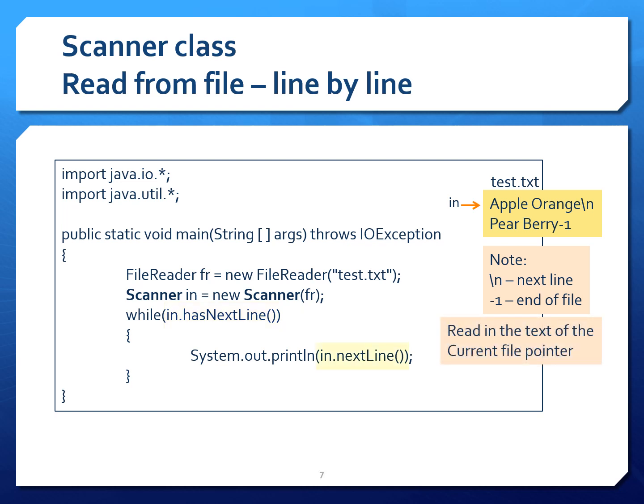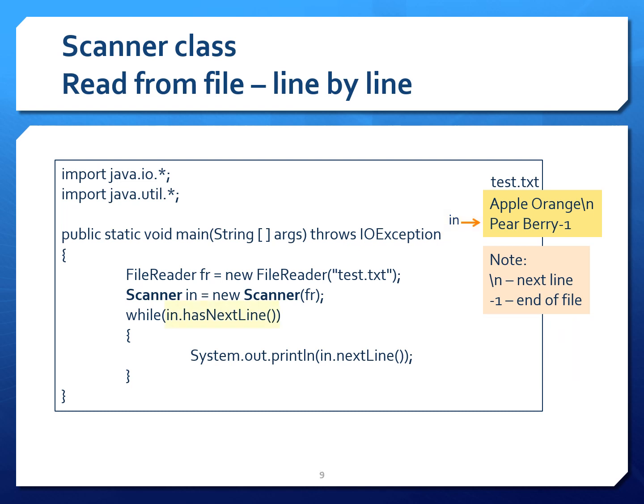The statement in.nextLine() will read in the content. Over here, it reads in the first line in the file, which is apple orange. After reading the content, the file pointer moves to the next line.